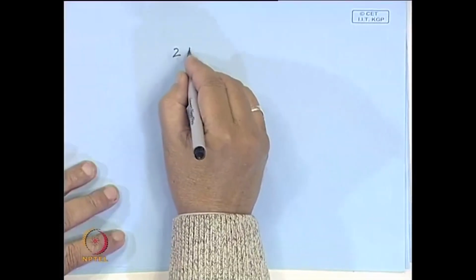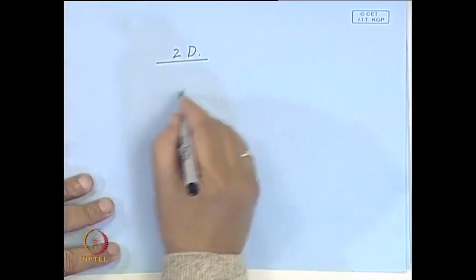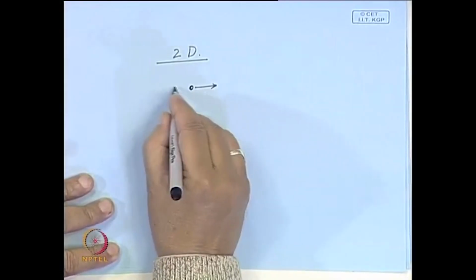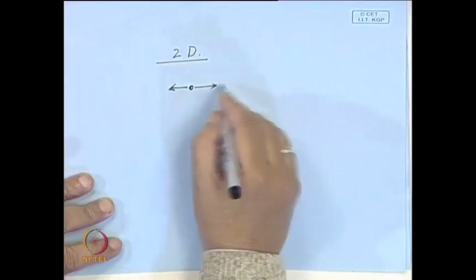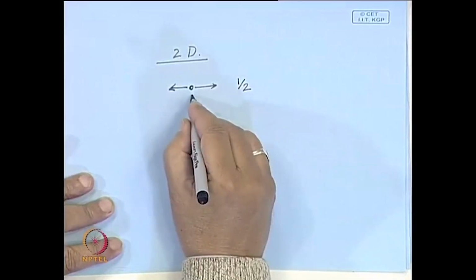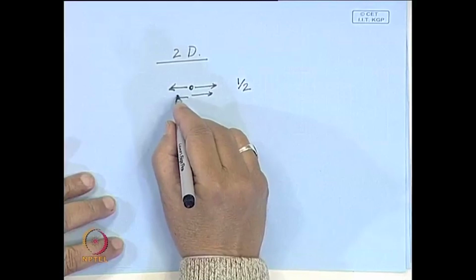in a 2D case. Now, in 1D we have seen that a point is here, and it can go one step this side or one step this side only. So, the probability of moving in this direction is half, or the probability of going to this position is half.